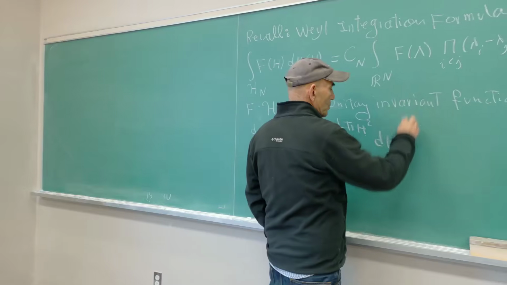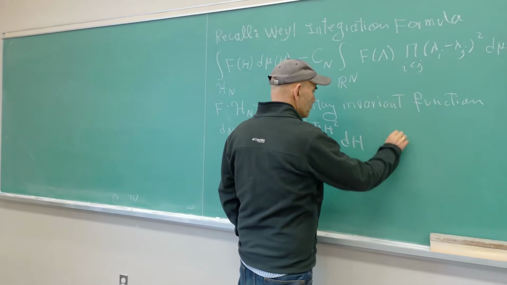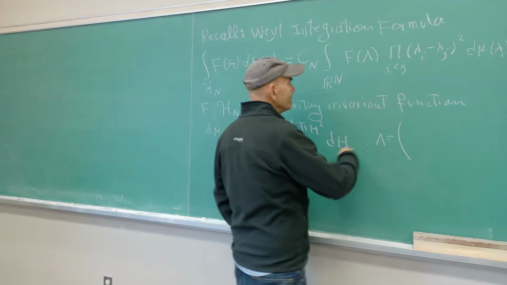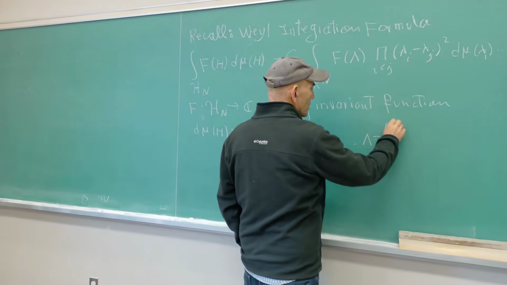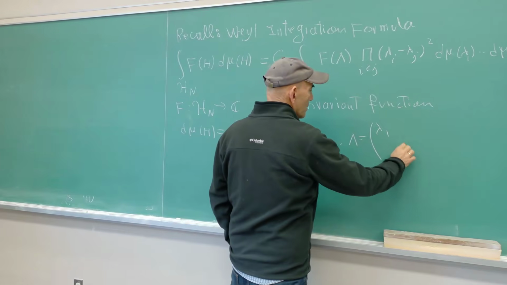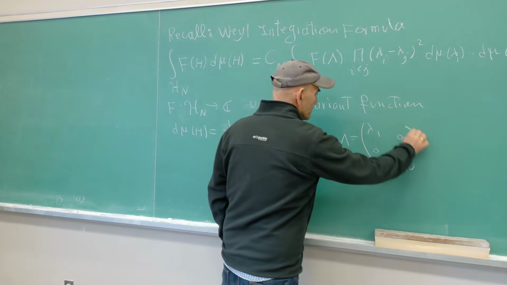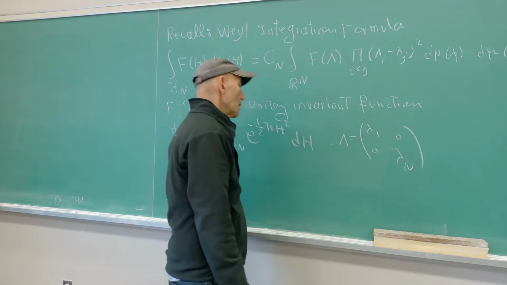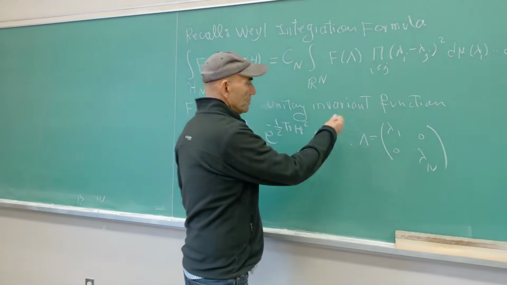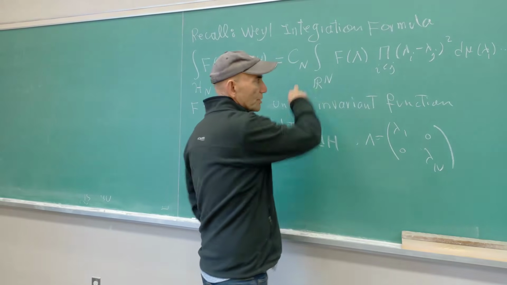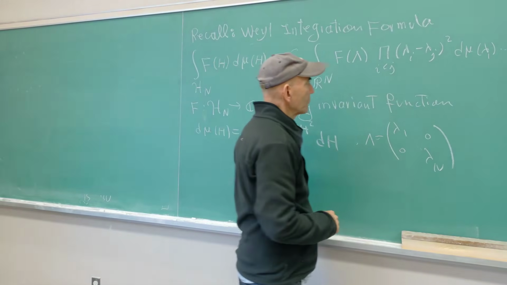This f of lambda, here lambda is the eigenvalue matrix of H. So this is like lambda 1 through lambda n, but this is just a variable here. There is no order in this case, so dividing by n factorial takes care of that.